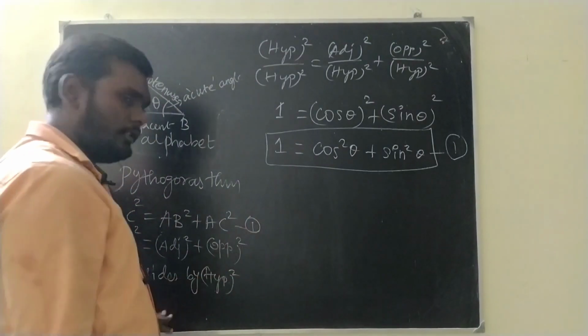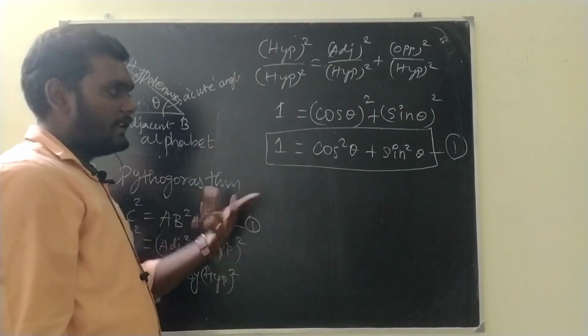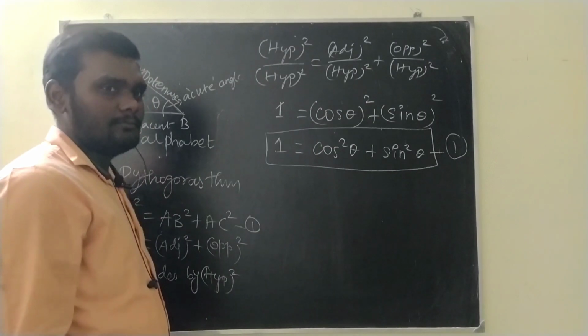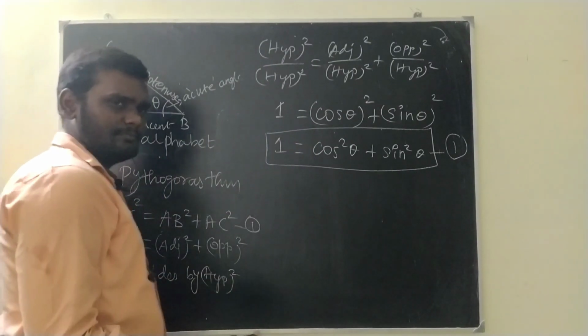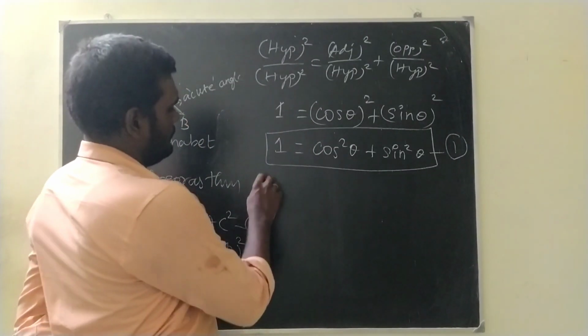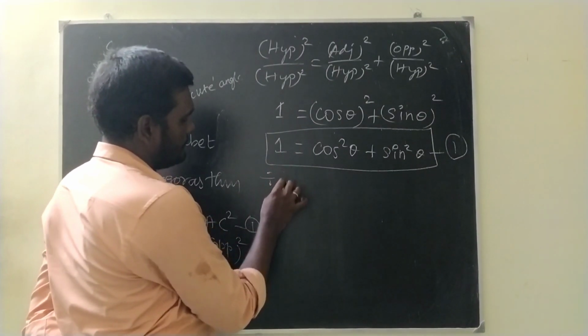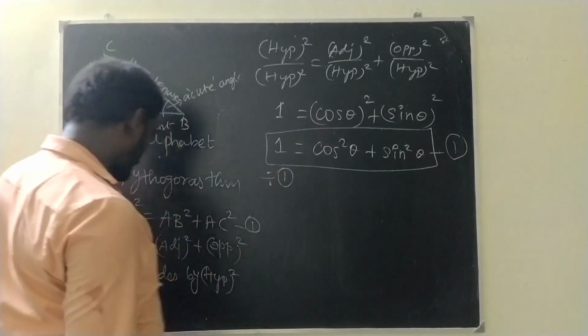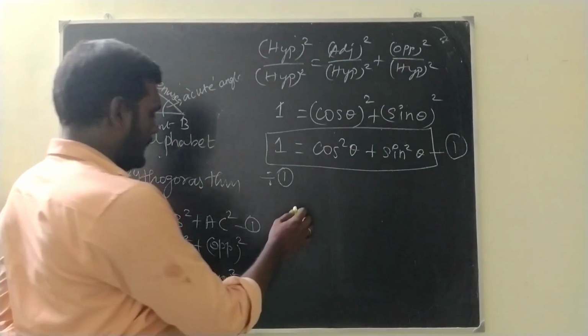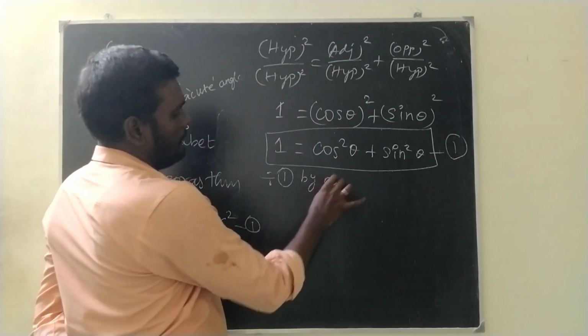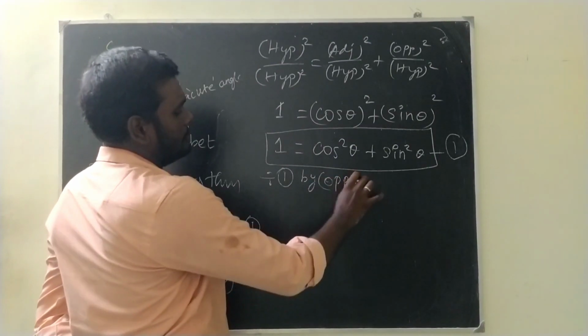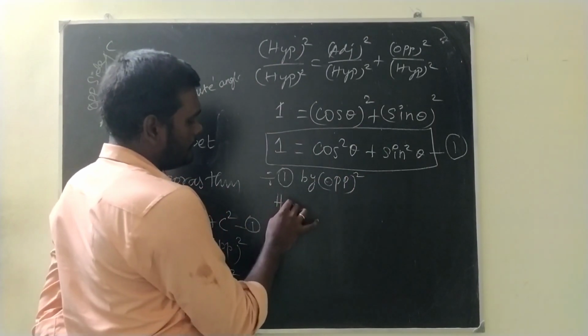Now, only hypotenuse I divided. The other side, what will we take, opposite or adjacent? Let us take opposite side. So, dividing the same equation 1 by this opposite square, then what we will get?